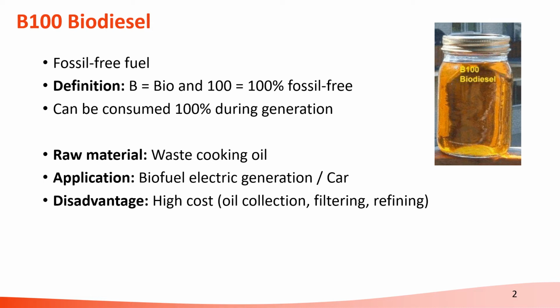The cost comes from oil collection, filtering the unwanted substances, and refining the cooking oil into biodiesel. These three steps could cost you many dollars. I could give you an example. In Hong Kong, the waste cooking oil from restaurants already costs you $9 per liter.